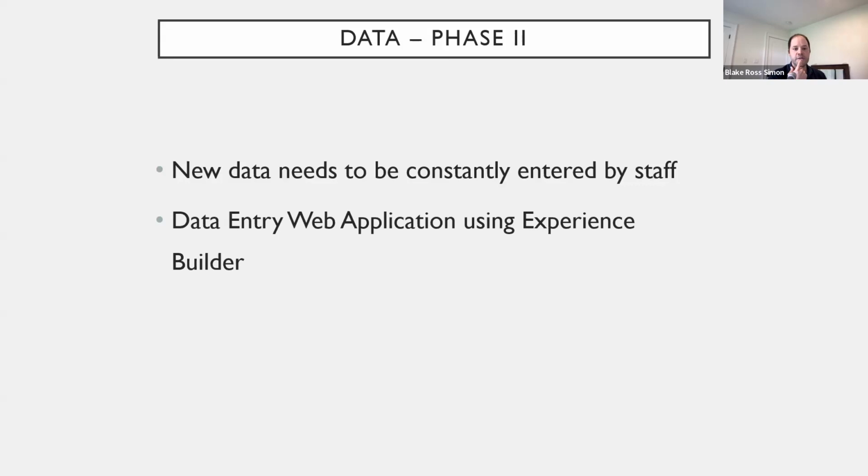The first application that will need to be created in the archive data system is a data entry web application. One of the built-in widgets that provide data entry ability to the staff is the edit widget. Once the data is hosted on ArcGIS Online as a feature layer, that widget within a web application can append data to the previously uploaded data.